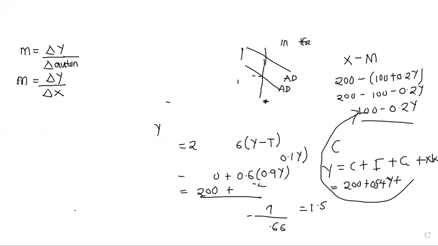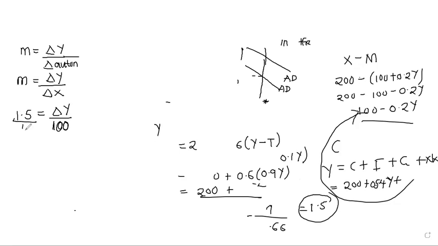So what is our M? We found our multiplier to be 1.5. So we'll say 1.5 is equal to change in Y, which is what we're looking for, over the change in exports, which have increased by 100. So you put the 100 there.